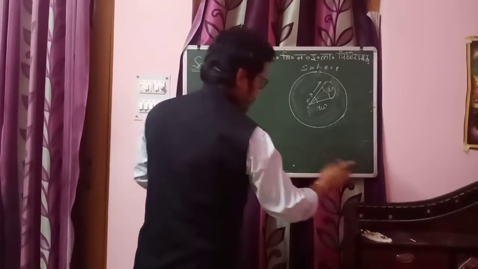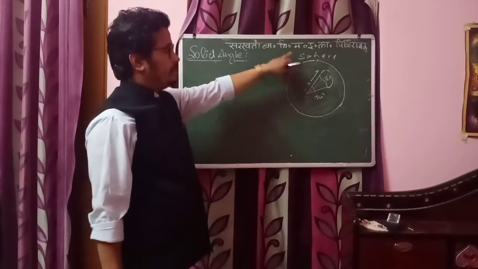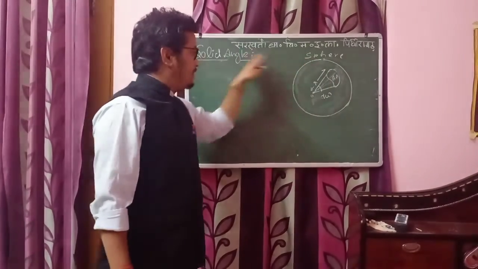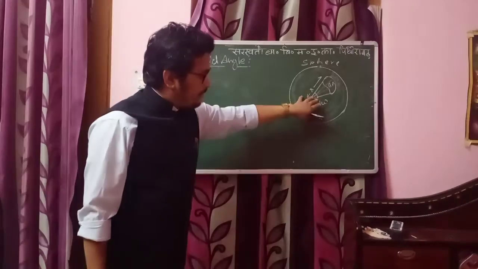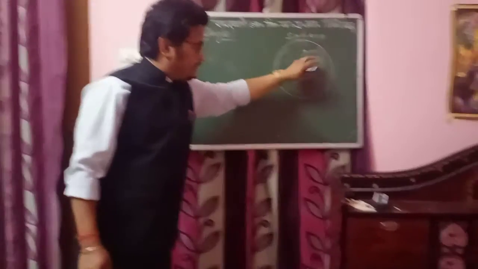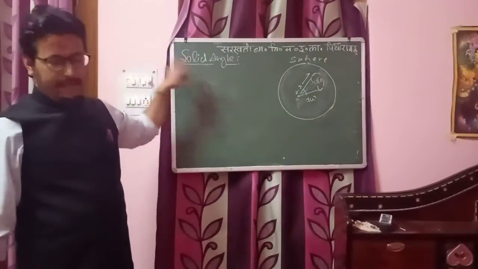Solid angle means, now we are taking the case of a sphere. In the case of a circle that was plane angle, but in the case of a sphere, the angle subtended by any portion or any surface of the sphere at the center of the sphere is known as the solid angle.